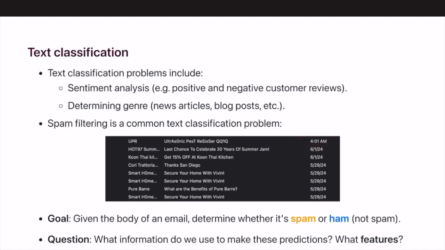When we're using emails, we're trying to build a spam filter, and this is known as the spam ham problem. Spam being the email is spam, ham being that the email is not spam. Why call it ham? I'm not sure actually, but if you find out, please let us know.